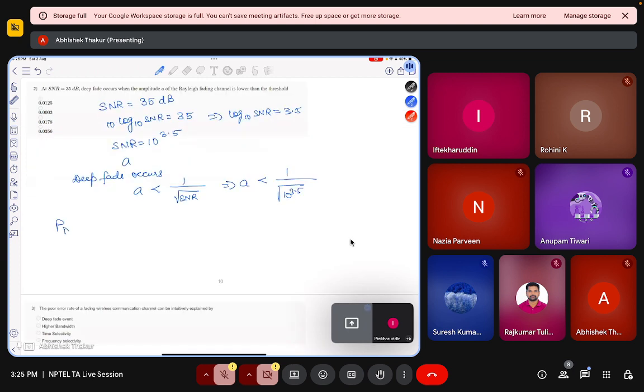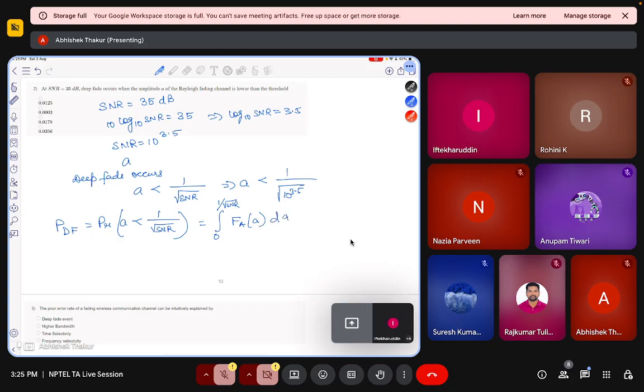So probability of deep fade will be the probability of A less than square root of SNR. So A value will go from 0 to 1 by square root of SNR, and the probability density function of A.